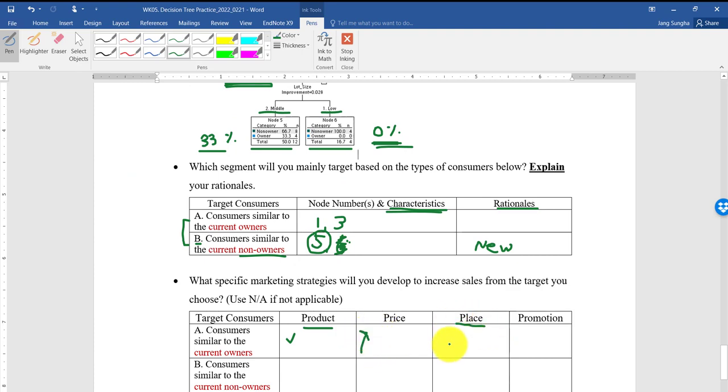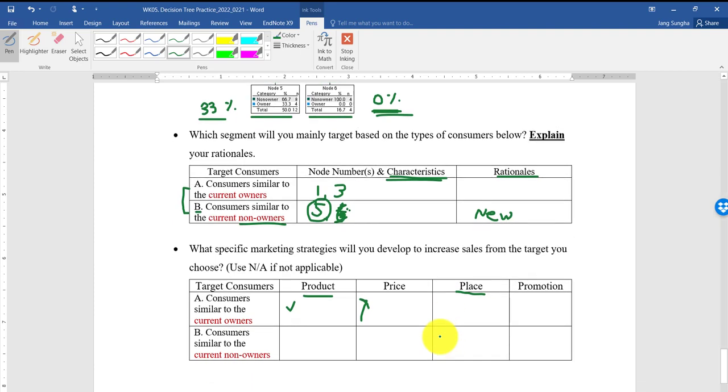Place, not many things to say, but maybe I can place my products at Home Depot more, and make my products available in some places so that potential consumers can test drive.